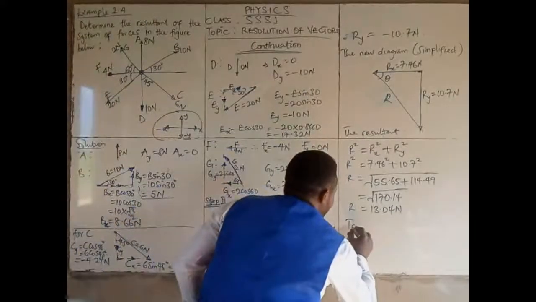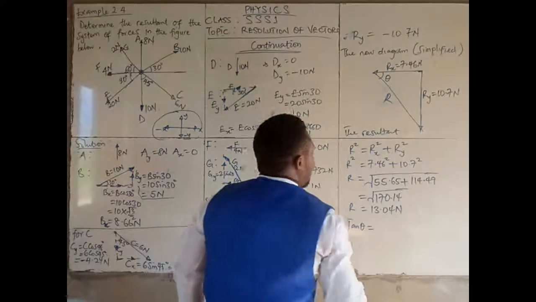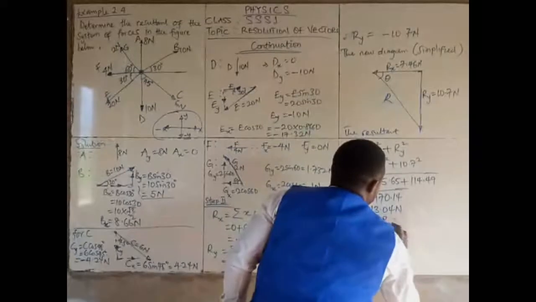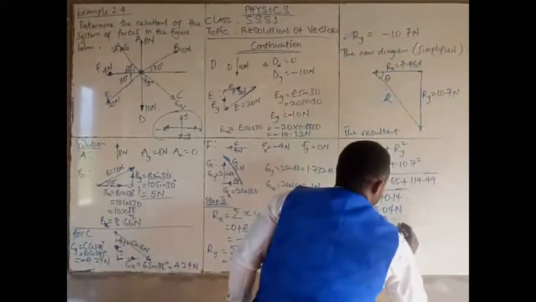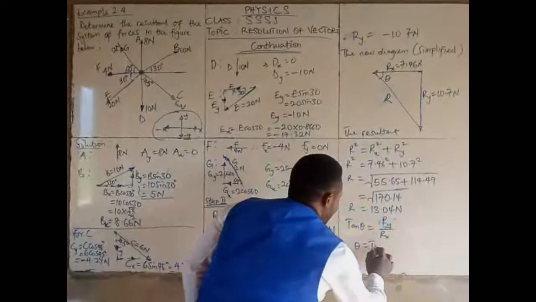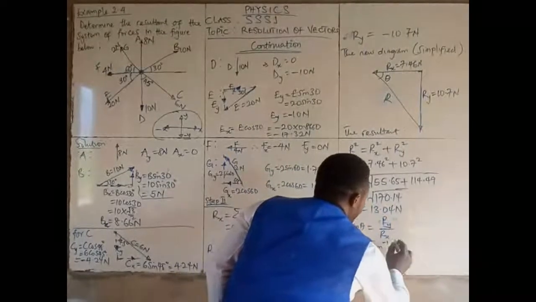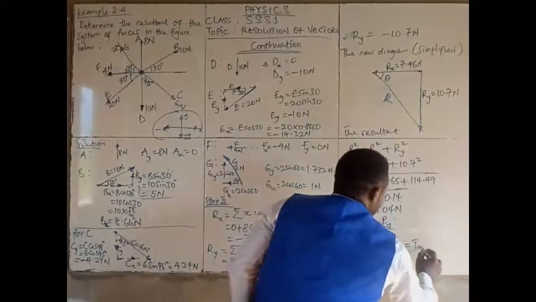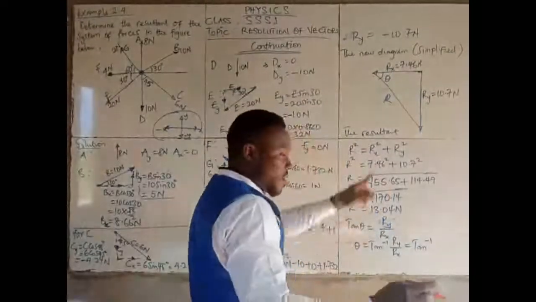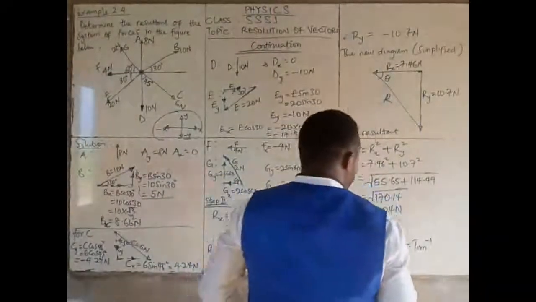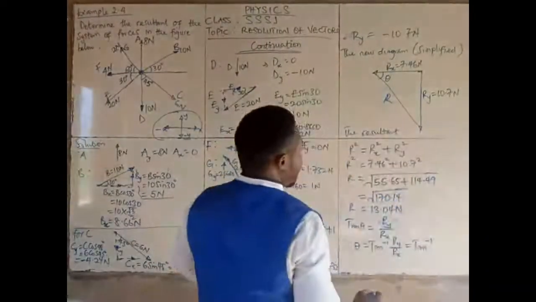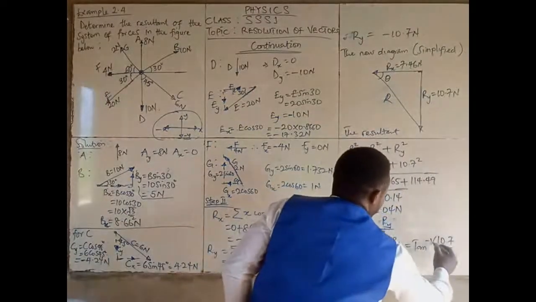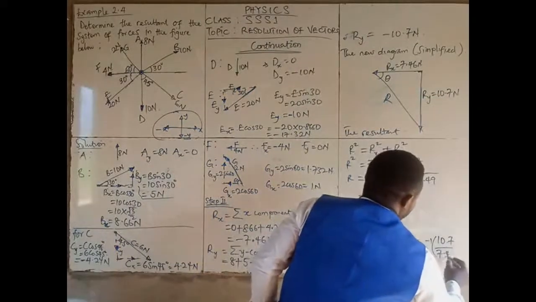That angle theta: tan theta is equal to opposite 10.7, which is your Ry, over Rx. So theta will be equal to tan inverse of Ry over Rx, which is tan inverse of 10.7 all over 7.46.